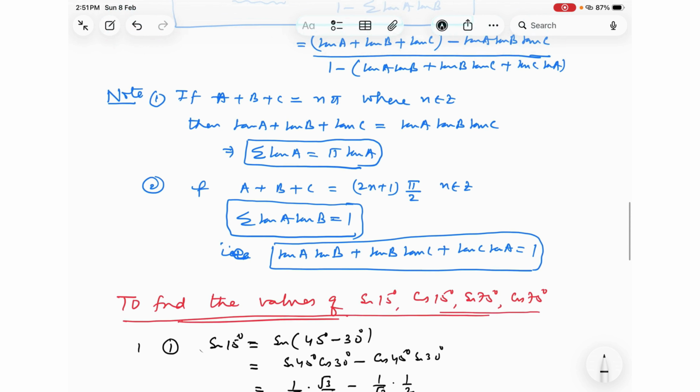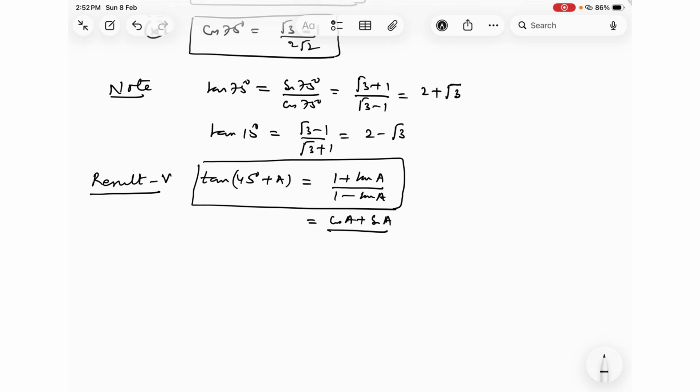Very important. And if you write tan A as sin A by cos A and take LCM, it is cos A plus sin A by cos A minus sin A. How has this formula come? It has come through the tan of A plus B formula.